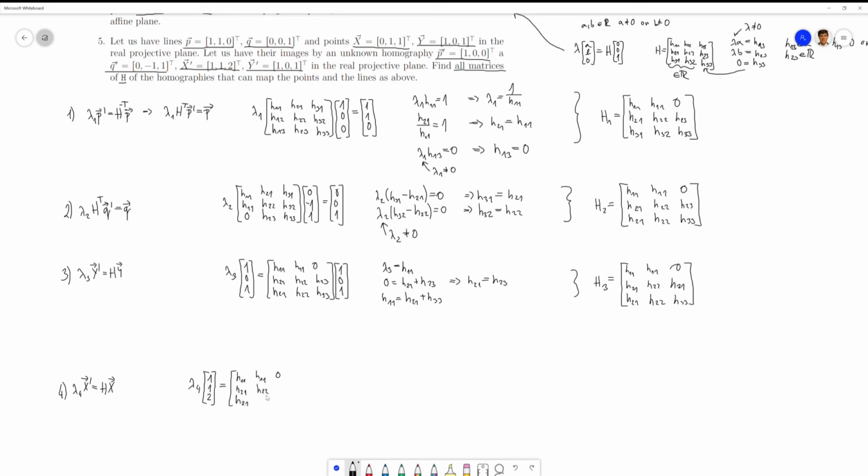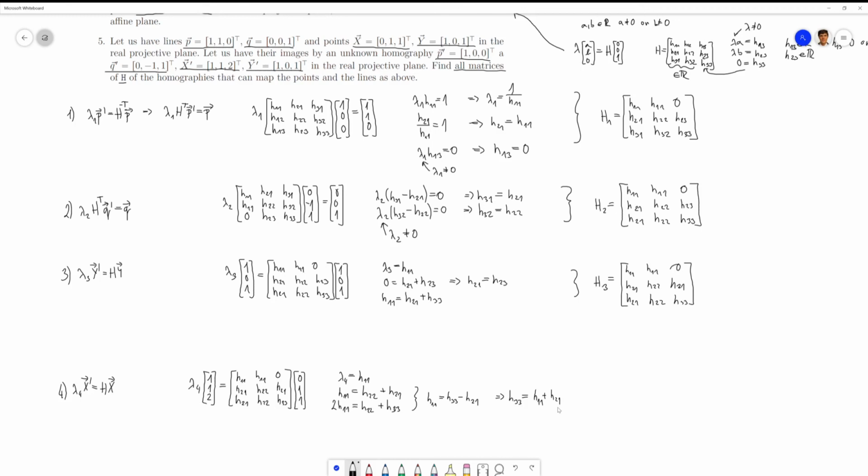Therefore lambda 4 is h11, h11 equals h22 plus h21, and 2 h11 equals h22 plus h33. From here we can subtract the second equation from the third one, and we will get h11 equals h33 minus h21, or in other words, h33 is h11 plus h21.